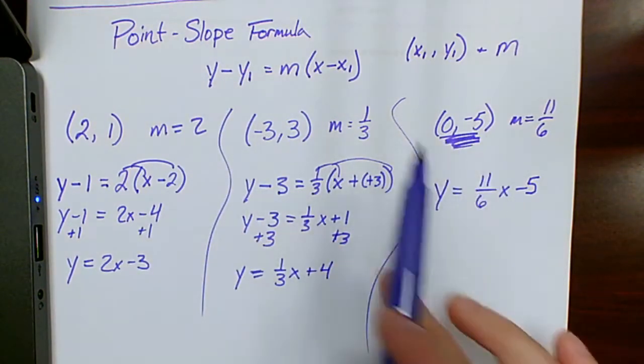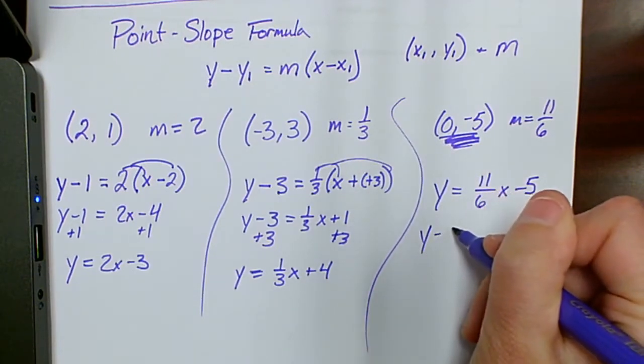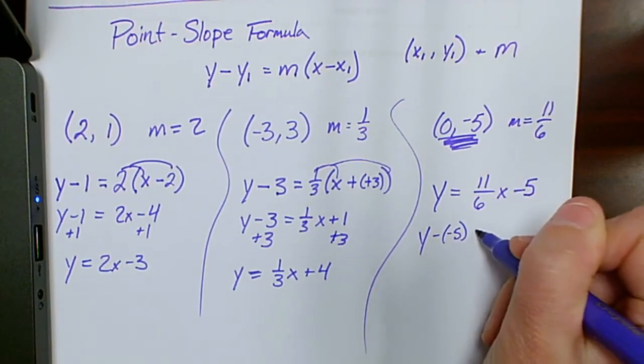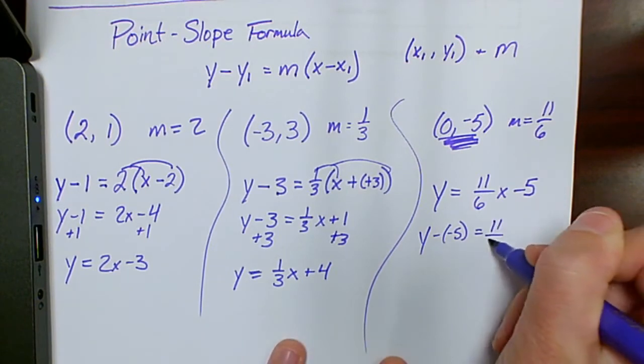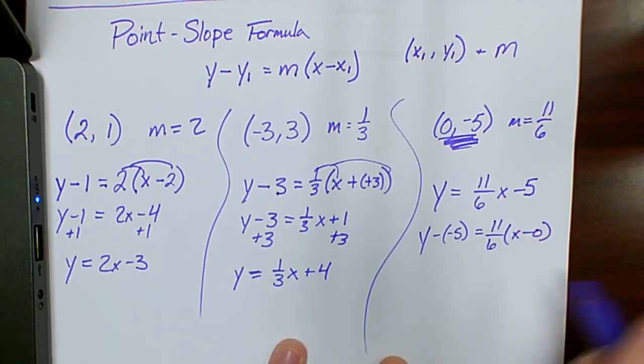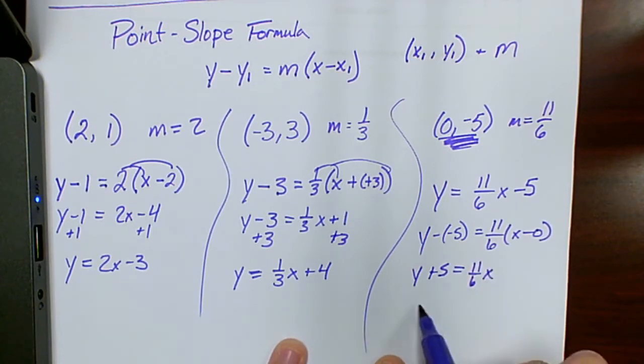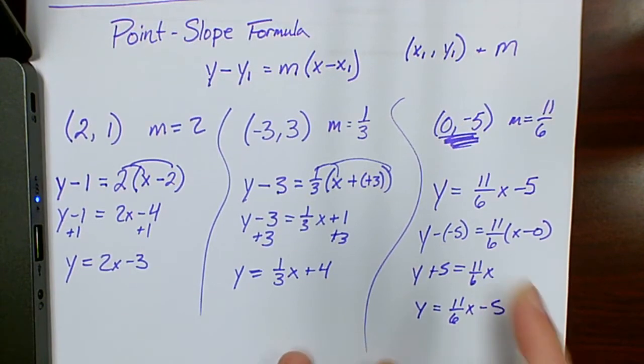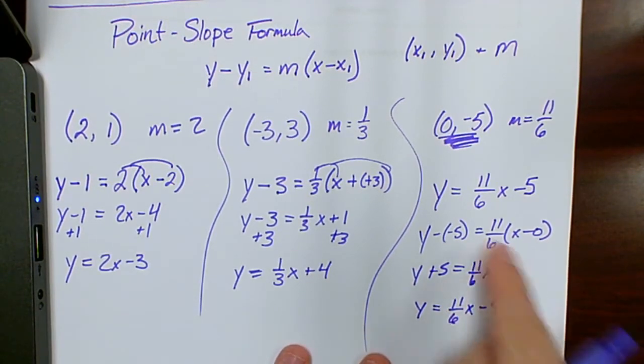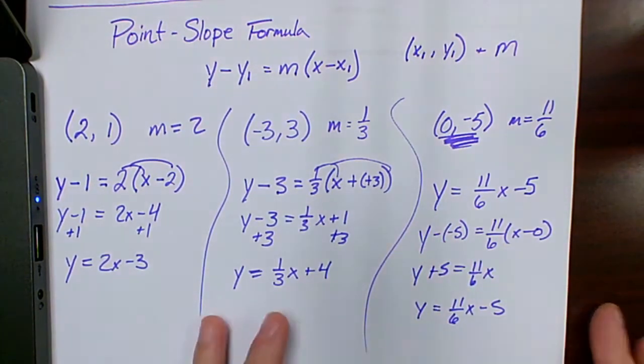If you wanted to, you could have done y minus -5 equals our slope times x minus 0. So we have y plus 5 equals 11/6 x. Subtract the 5 over, and you still get the same result. You just did extra steps.